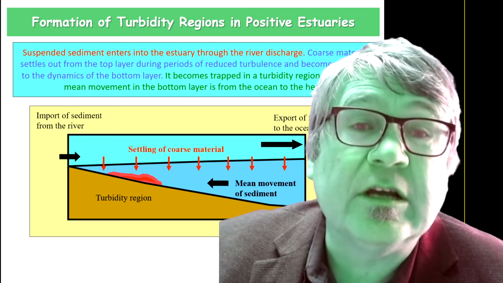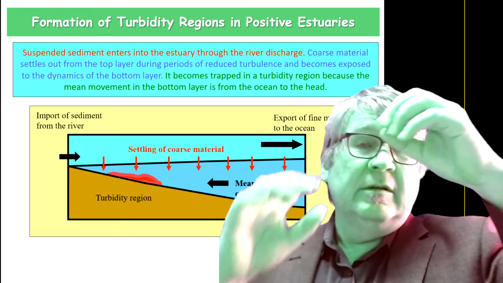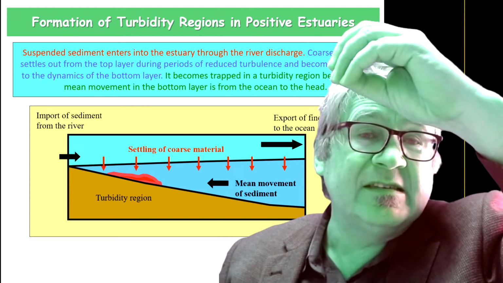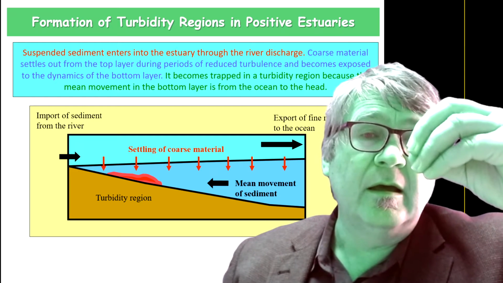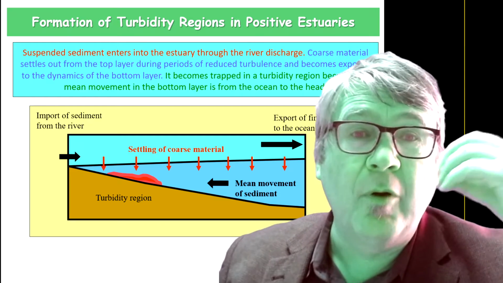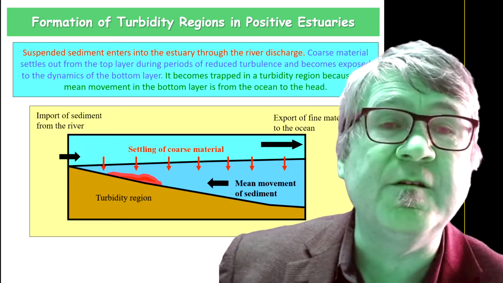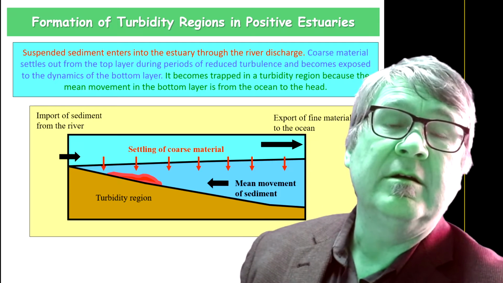A little bit larger particles, coarser material, over the length of the estuary, they sink into the bottom layer, and in the bottom layer there is an average movement into your estuary.